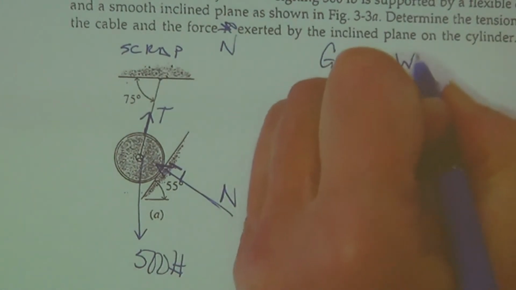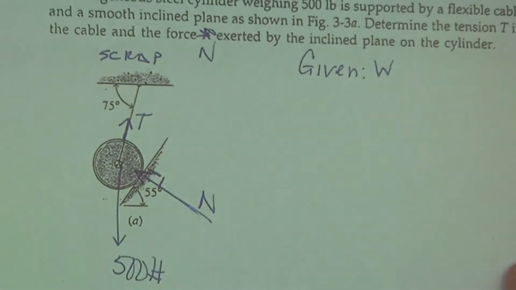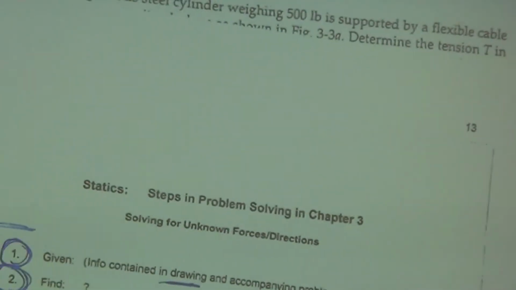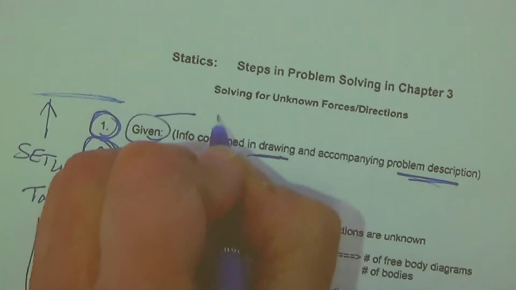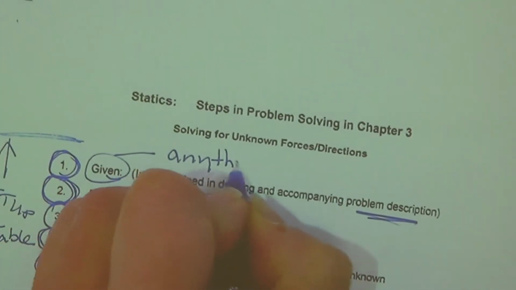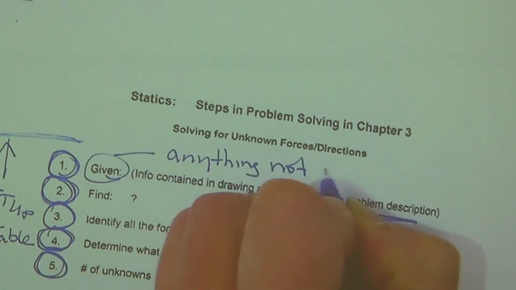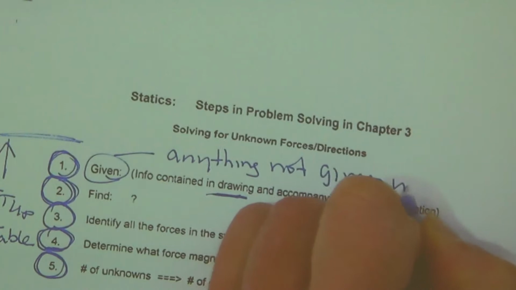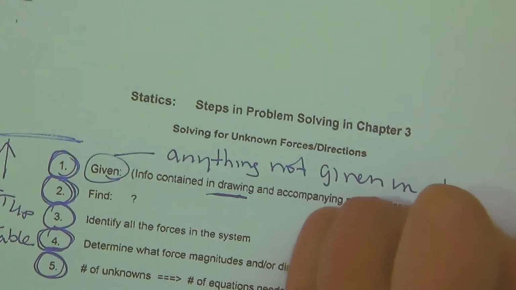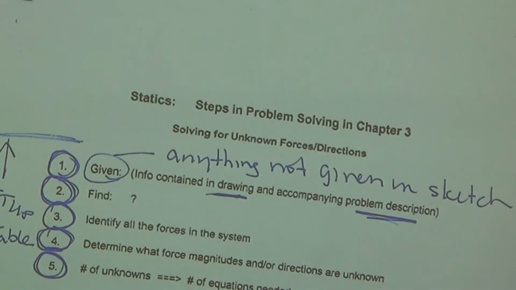So what is given? Well, the weight. And when I say given, let's go back to this. Given: anything not given in the sketch or the schematic. Because it's easy for me to look back at the picture, but once I read the words once, I don't really want to look back at them again.